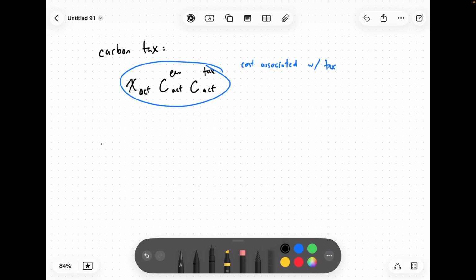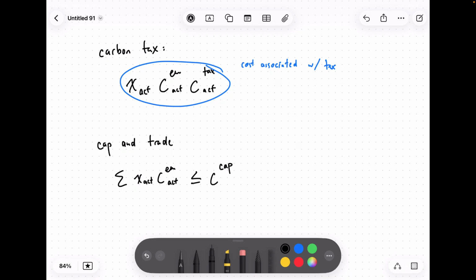Let's see here. So cap and trade. Here you would essentially need to know what's happening with emissions associated with everyone, right? So you have some kind of constraint: X activity times C emissions of your activity has to be less than or equal to R cap.